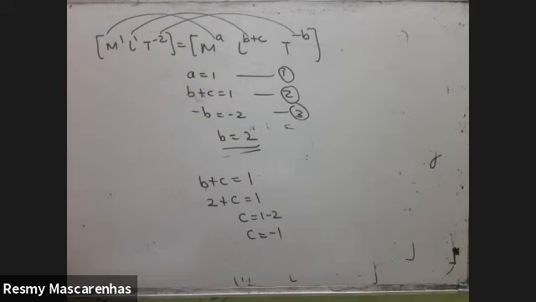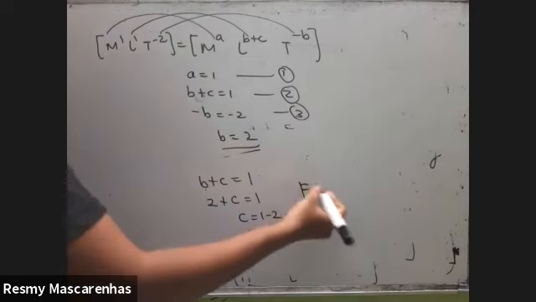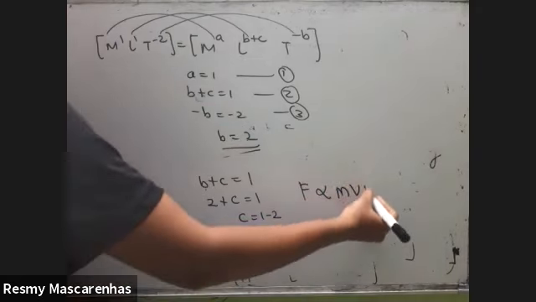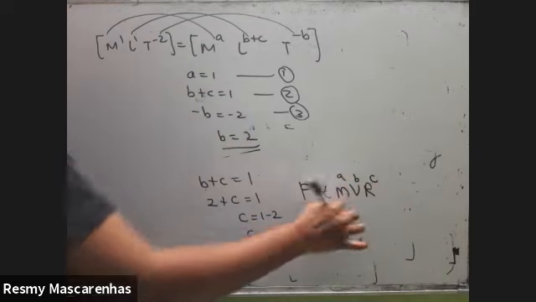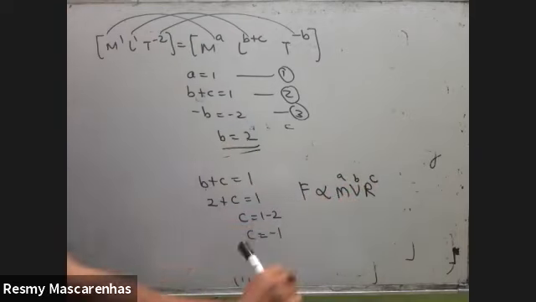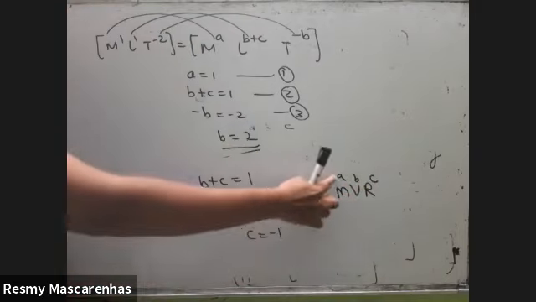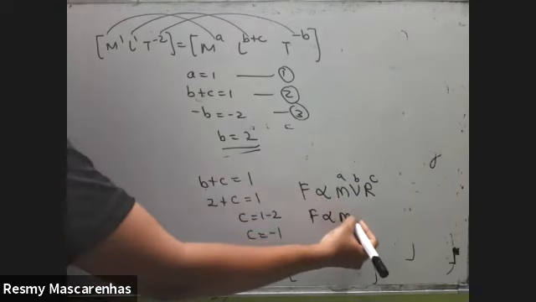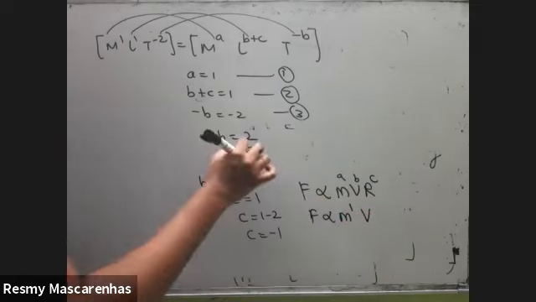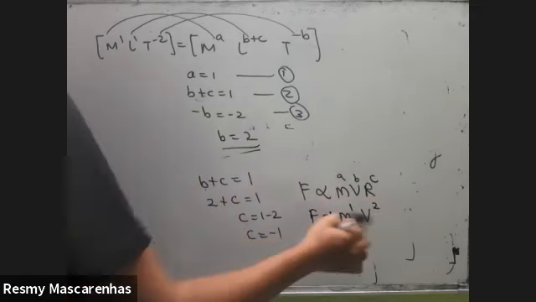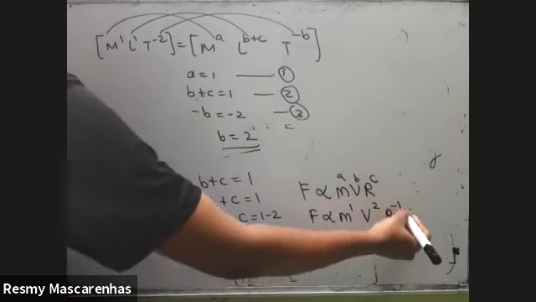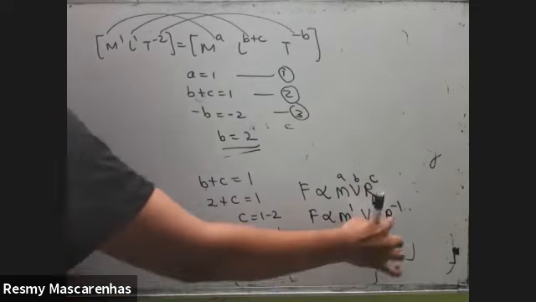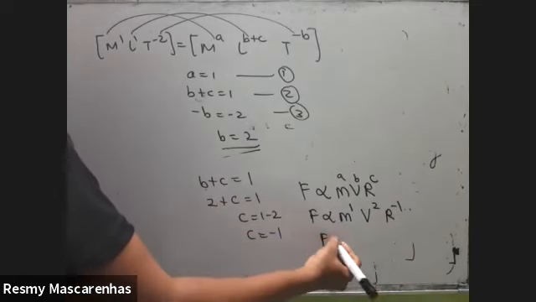While substituting, please put it in the correct order. You put A for A only, B for B, otherwise everything will go wrong. See, be careful here. Don't simply exchange them. So check again once. M1, B means 2, and C, this will go down and become plus 1.